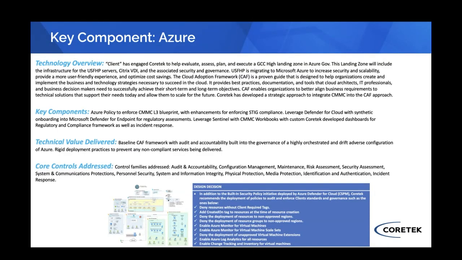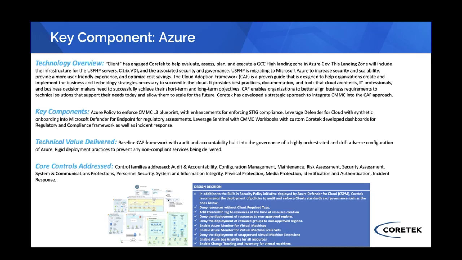So getting into our first key component, Azure. As stated, we start with a landing zone topology based off of Microsoft CAF, which is the Cloud Adoption Framework. It is a guide that we leverage to be able to instantiate, based off best practices and Microsoft principles, what a landing zone would look like based on use case and what the client has from a regulatory and compliance framework requirement.